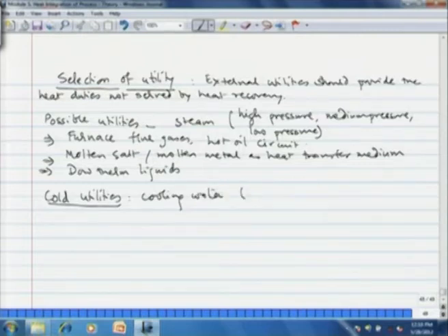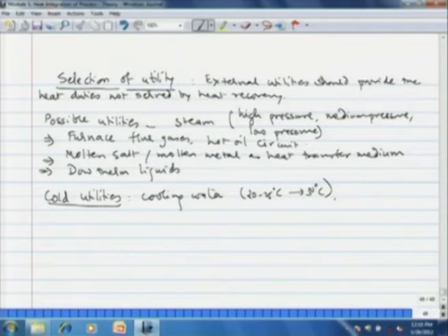The typical temperature range is, let us say, 20 to 25 degrees to about 50 degrees, depending on location, humidity, etc. You have already dealt with cooling towers in the mass transfer course, so that is already known to you.